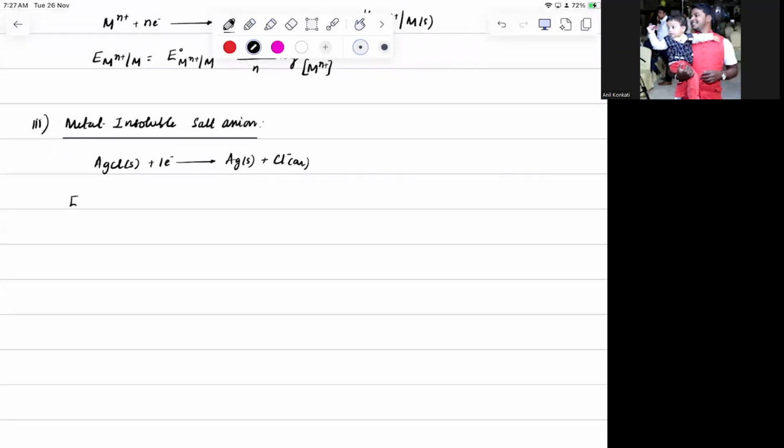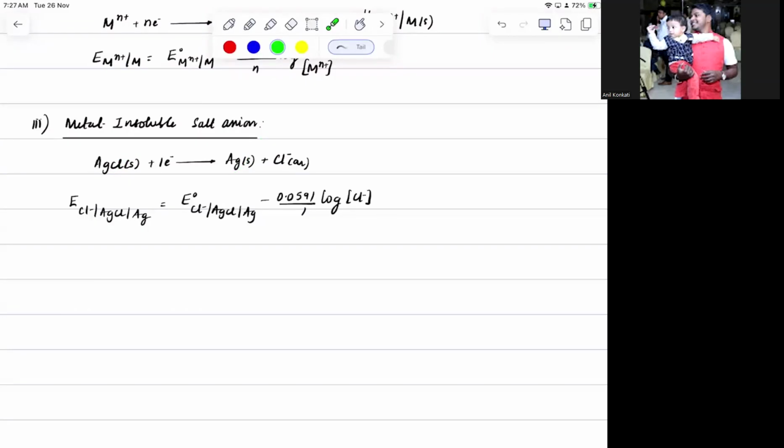For that, how do we write? So E of Cl minus to AgCl to Ag is equal to E naught of Cl minus to AgCl to Ag minus 0.0591 by 1 log of simply Cl minus concentration. Why? Because this is solid, this is solid, so it will be simply Cl minus concentration.